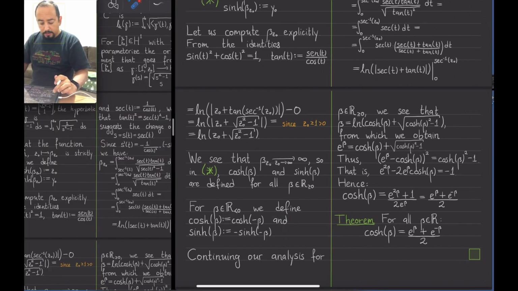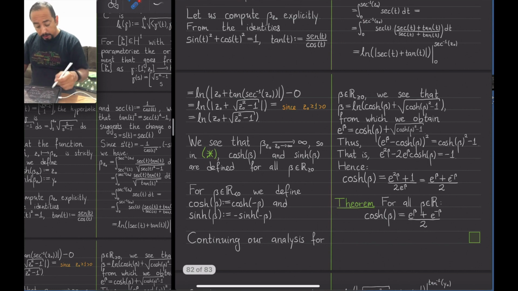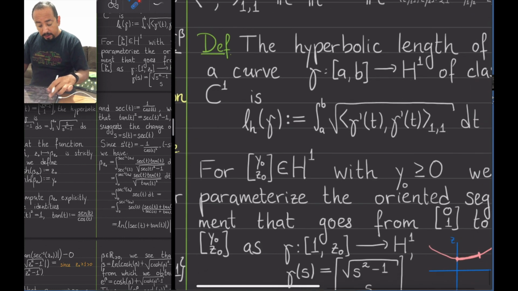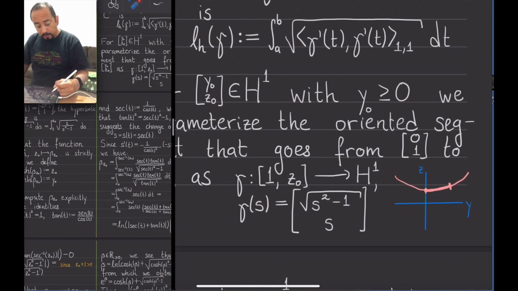Let's now see what happens with the hyperbolic sine. The result we obtained for the hyperbolic cosine, we got it by taking the parametrization that takes z as parameter.